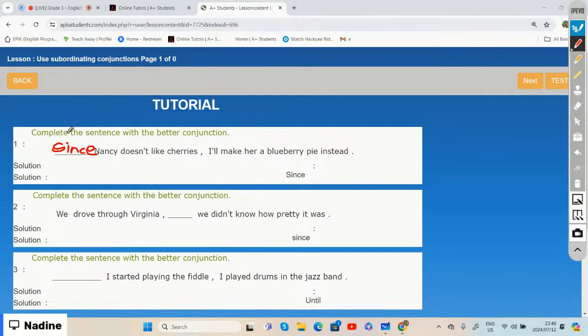And then the second one, it says, we drove through Virginia. We didn't know how pretty it was.